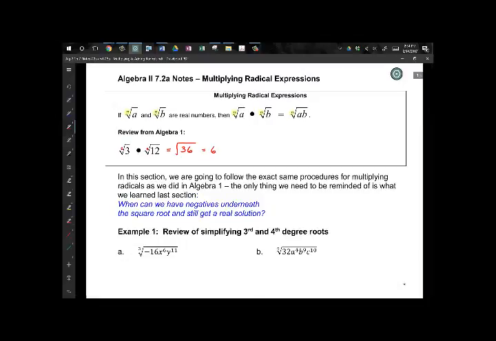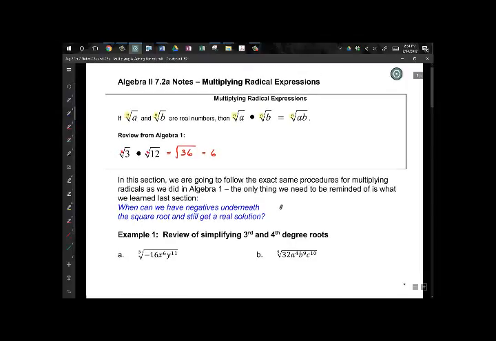Next, just as a review from the last section, when we can have negatives underneath the root and get a real solution, that is only possible when the index right here is an odd number.